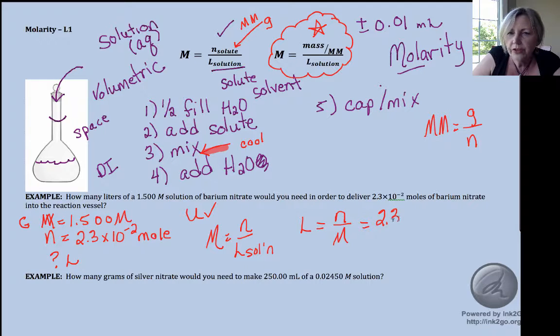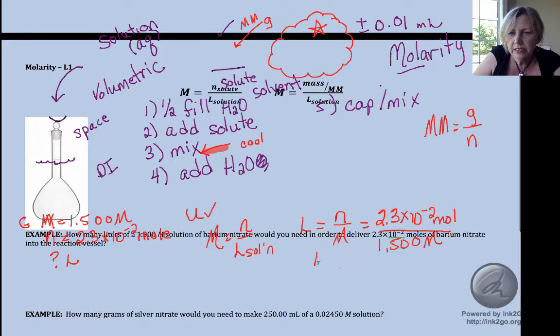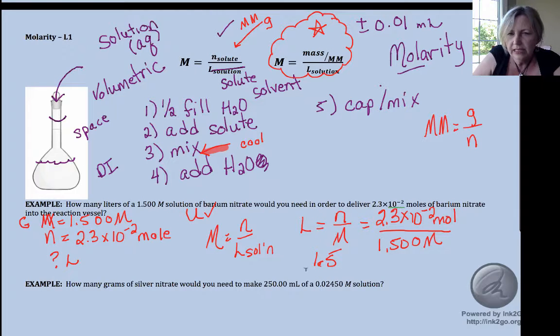And I would get 2.3 times 10 to the minus 2 moles divided by 1.500 molar. And assuming I've done all of my algebra correctly, I would have 1.5 times 10 to the negative 2 liters. And maybe it might ask you to convert that to milliliters. Hard to say.